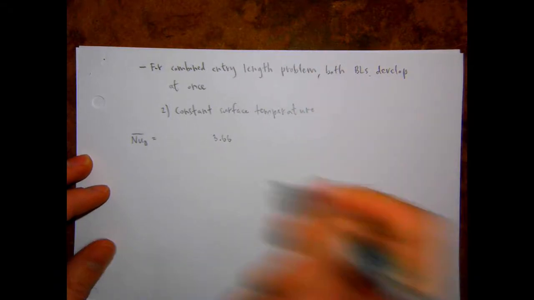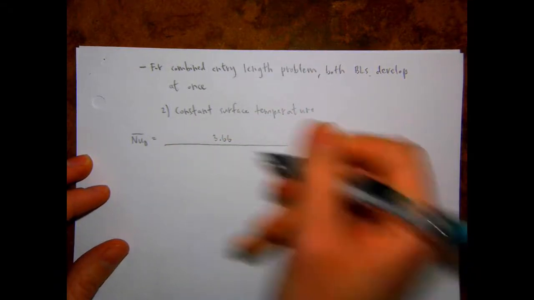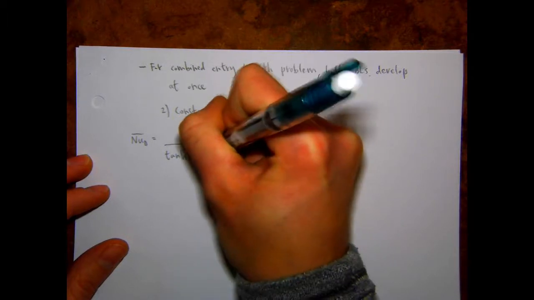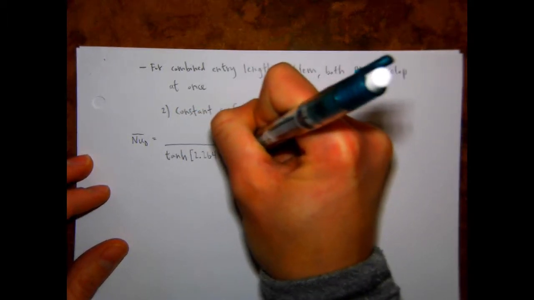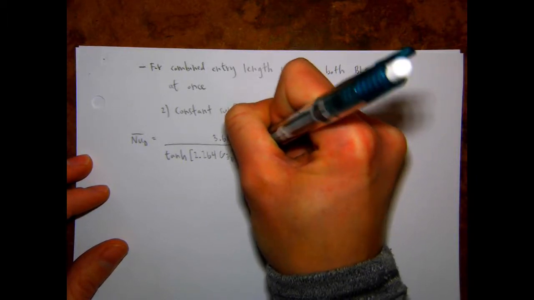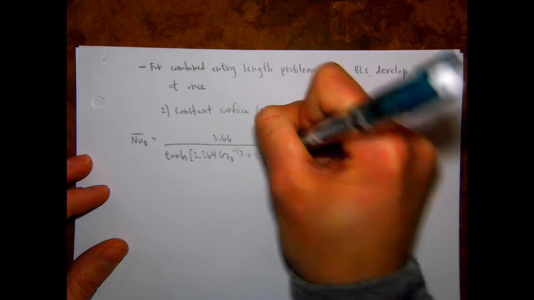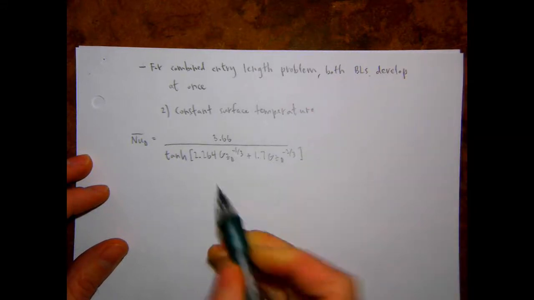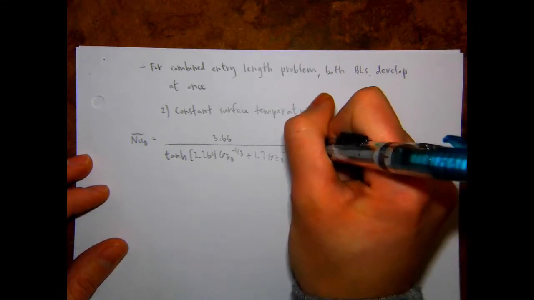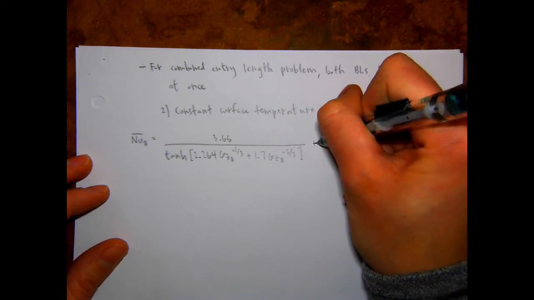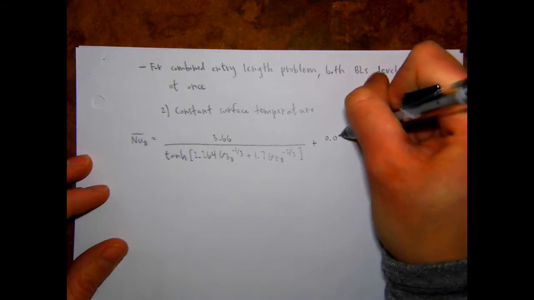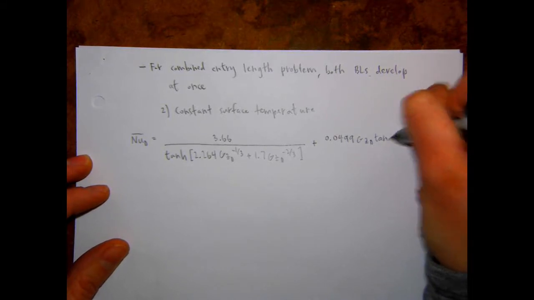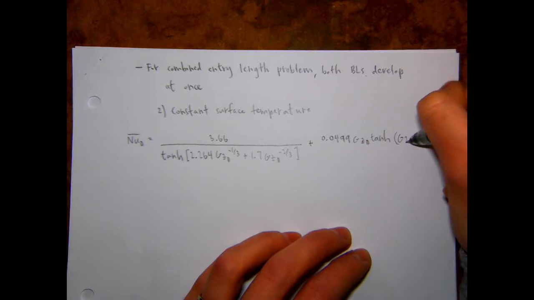This one requires a lot of space. 3.66 over the hyperbolic tangent of 2.264 times the Graetz number to the negative 1/3 plus 1.7 times the Graetz number to the negative 2/3, plus 0.0499 times the Graetz number times the hyperbolic tangent of the inverse Graetz number.